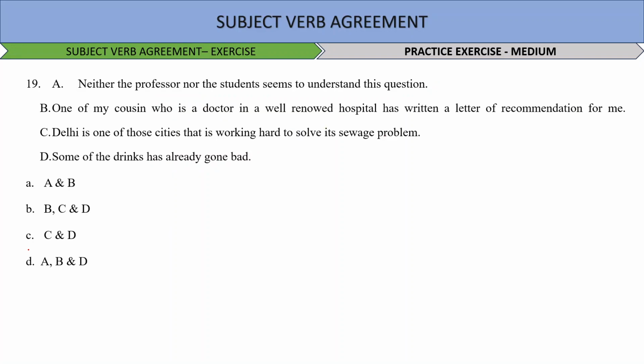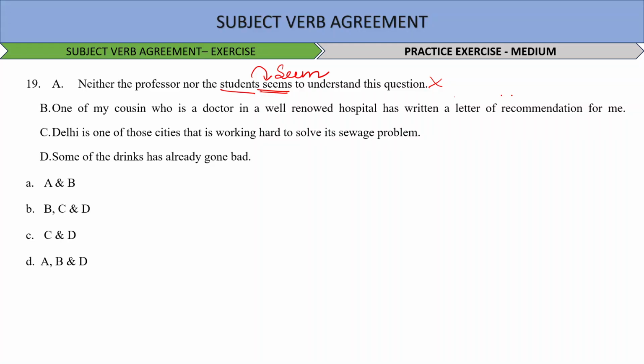Next question says, neither the professor nor the students, you see students, plural, verb singular, students seem to understand this question. Okay. Next, one of my cousin who is a doctor in a well renowned hospital has written a letter of recommendation for me.